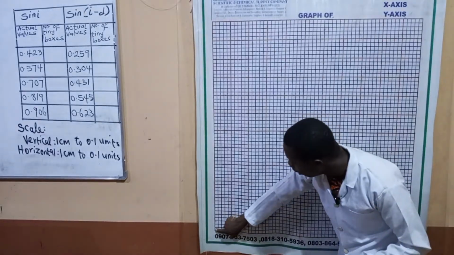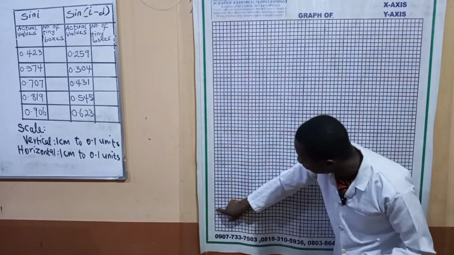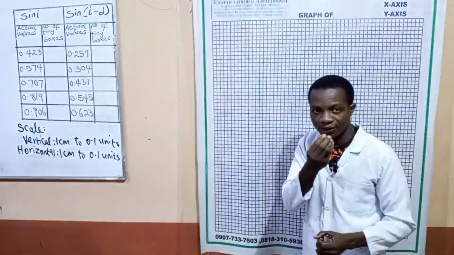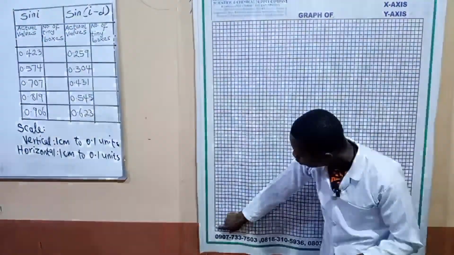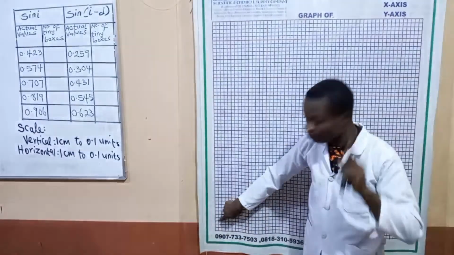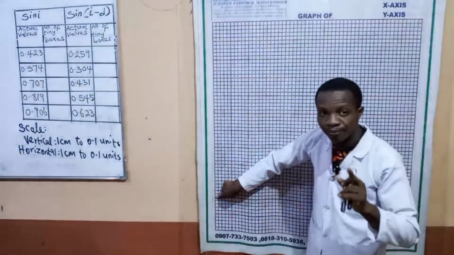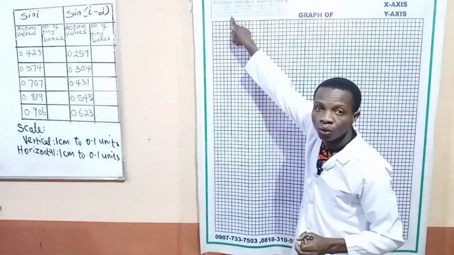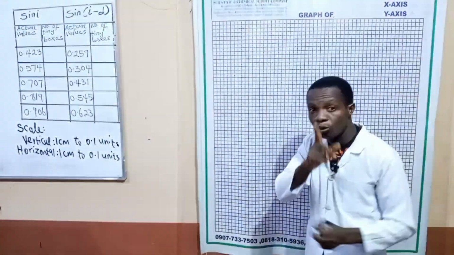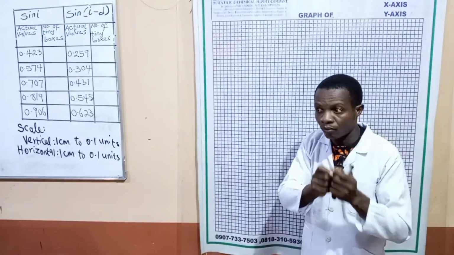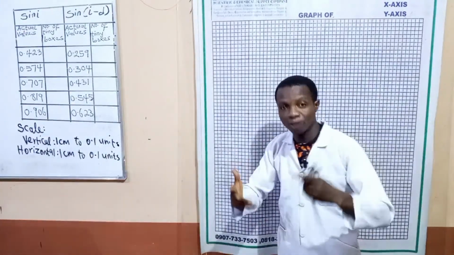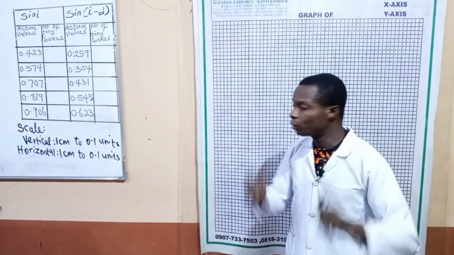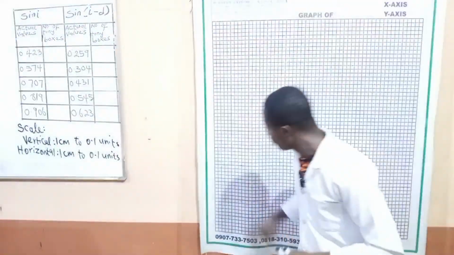If you count them, there are so many. For 1 cm we have 5 of the smallest boxes. For 2 cm we have 10 boxes. So just look at it as we proceed. We are going to find the value of each of those smallest boxes. That's what we need to actually plot our graphs. No stress at all. In 5 minutes, you will plot your graph on the day of NECO Practical Physics.